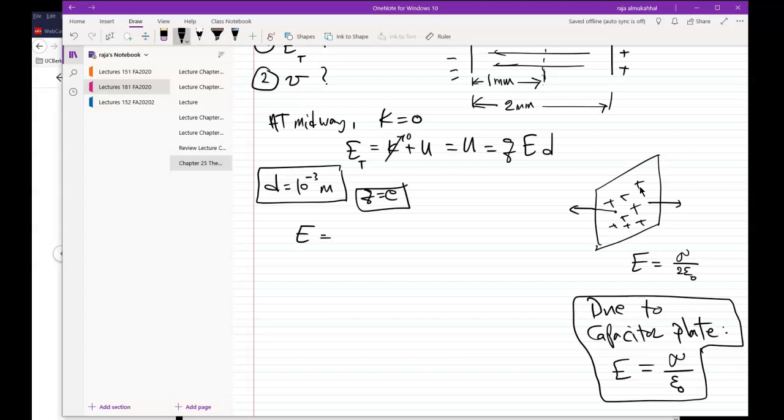So here it is. Remember, distinguish between E sub T, which is total energy, and E here, electric field. E here is sigma over epsilon naught. Well, he didn't tell me what sigma is, but I know the expression for sigma. Sigma is charge per area. And guess what? He gave me both. See that?